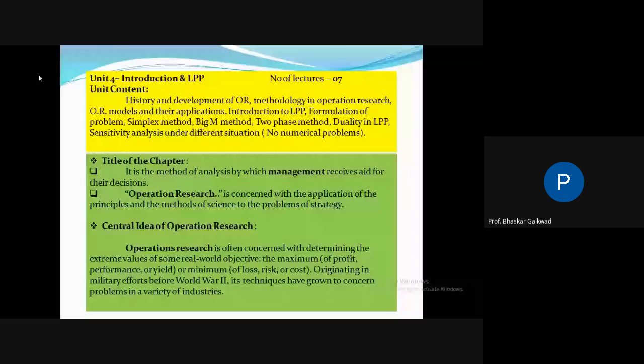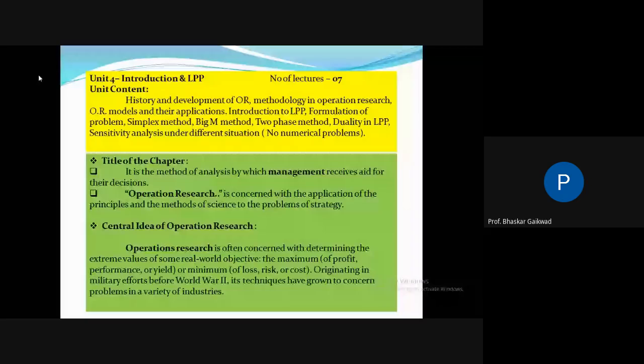Operations research is a method of analysis by which management receives ideas for their decisions. In industry, at top management levels, there is a need to take decisions whenever a critical situation arises. For example, make or buy techniques. Suppose we are manufacturing one product, and related to that product, nut, bolt, and washer, these three elements are there.